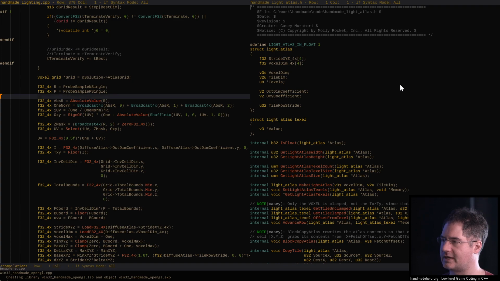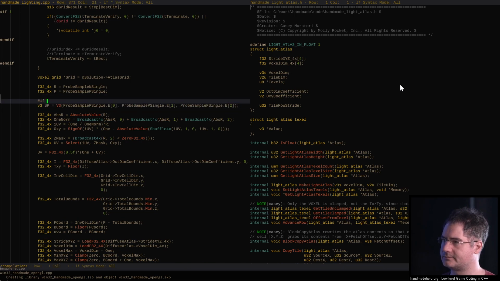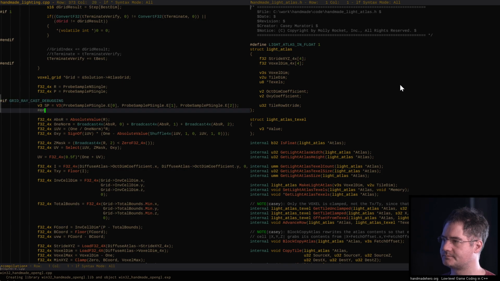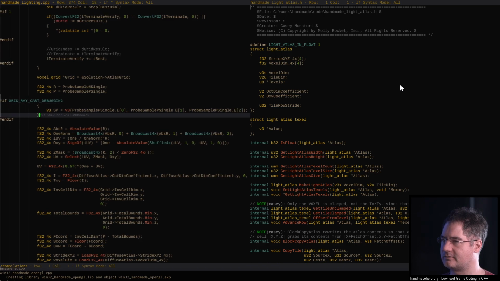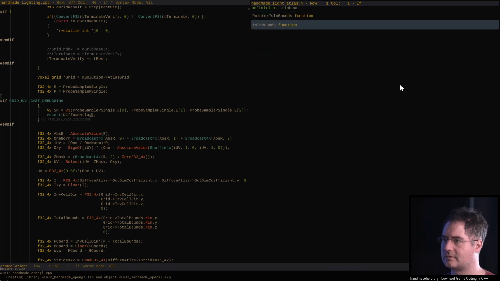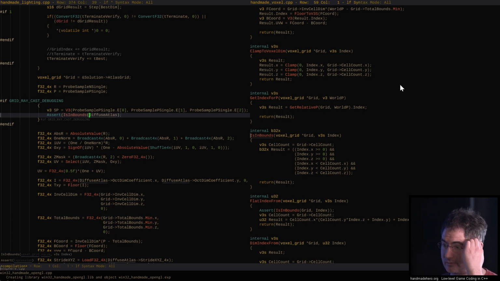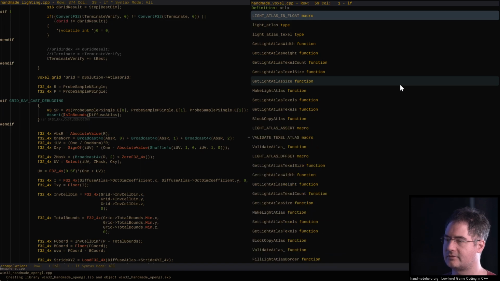So basically we'd say, okay, pull out the base location, like so, and assert that it's not out of bounds of the thing that we're looking up in, which is the diffuse atlas. So assert that this is in bounds of, well, does the atlas do that for us?